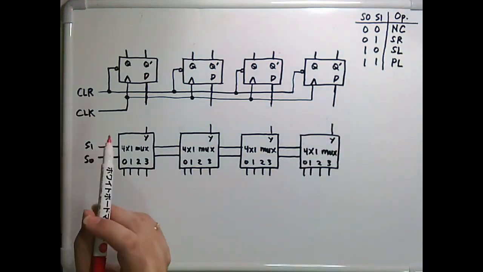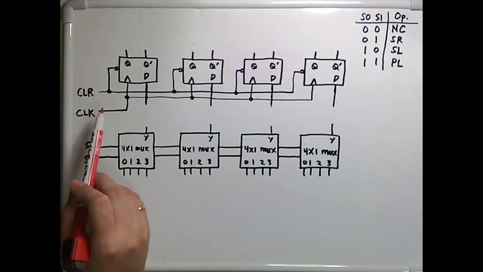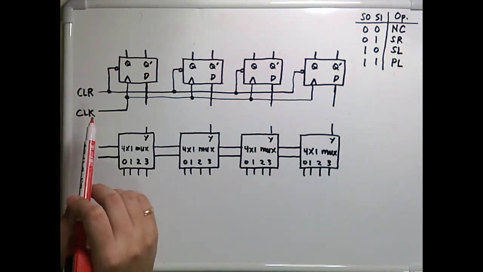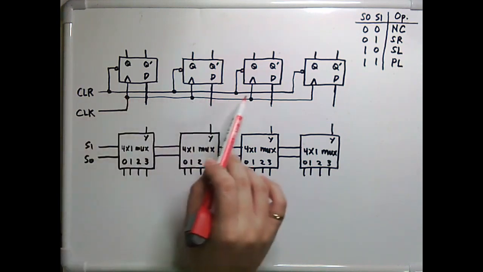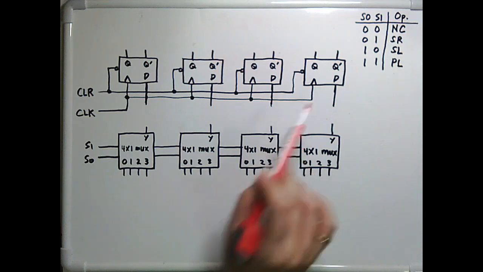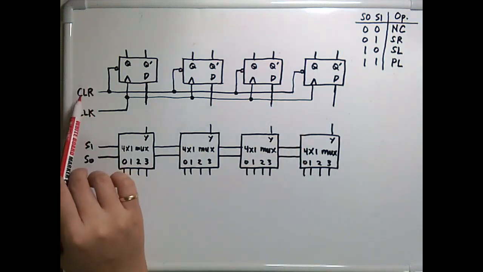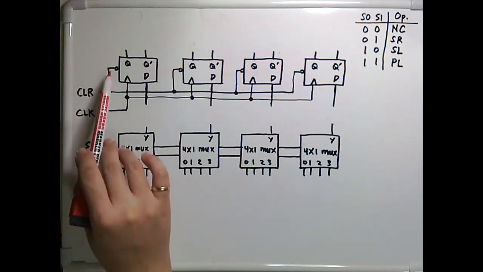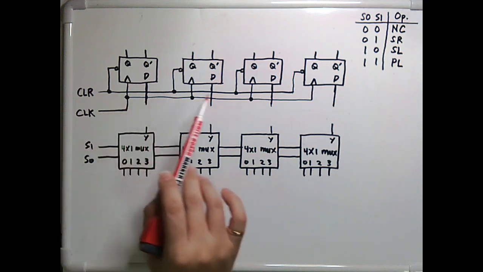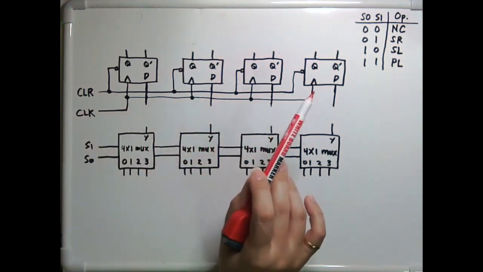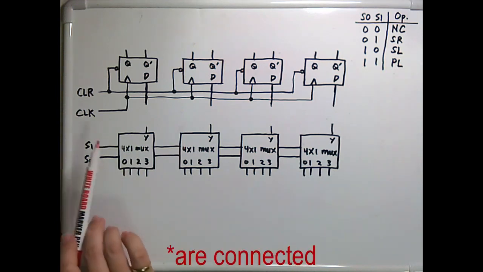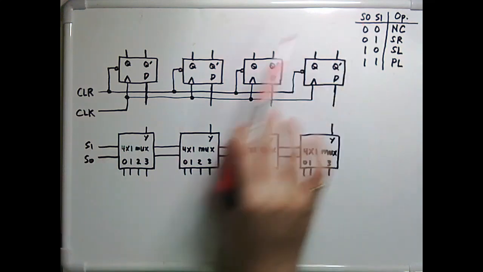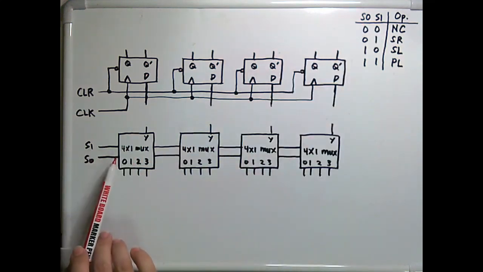Before anything else, you have to make sure that the clock is synchronous to all the D flip-flops. So in this case, the clock source is supplying every single clock input of our D flip-flops. And likewise, we have the clear input here as a direct input controlling the clear inputs of every single D flip-flop. For the multiplexers, S1 and S0 are connected to the selectors of our multiplexers.